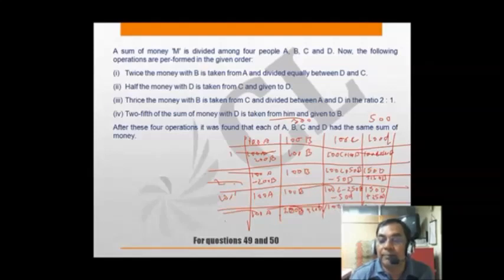100C minus 50D. Minus 50D. Minus 250B. 250B will represent 150D. 100C minus 200D.